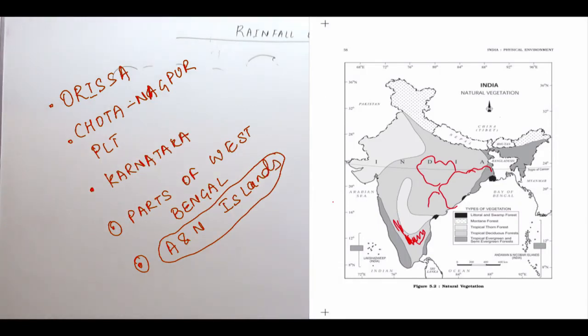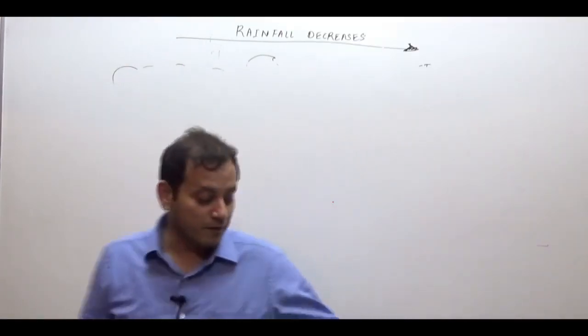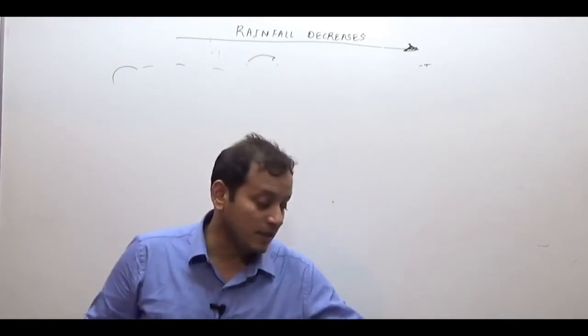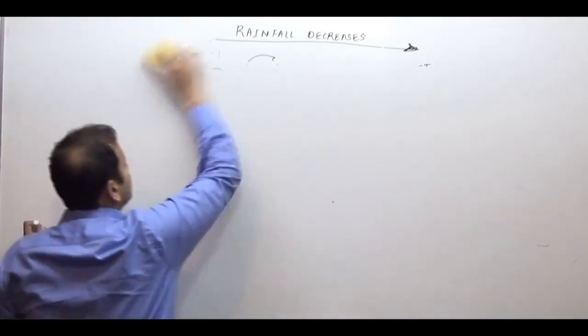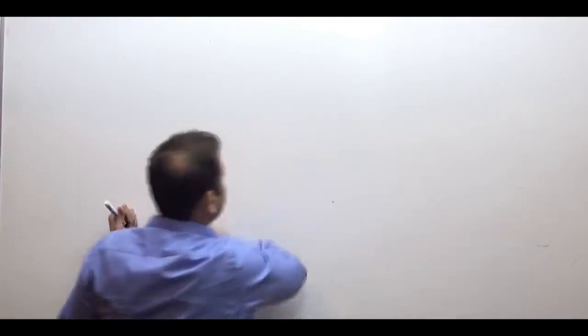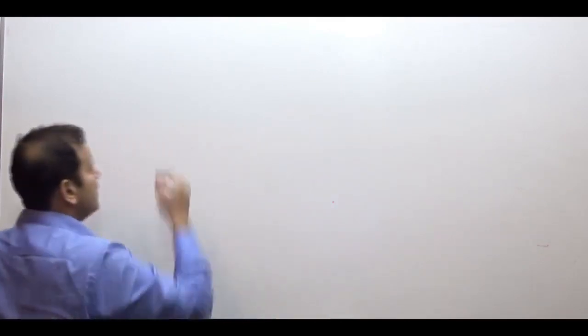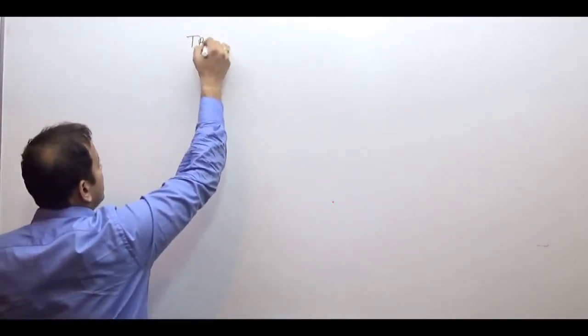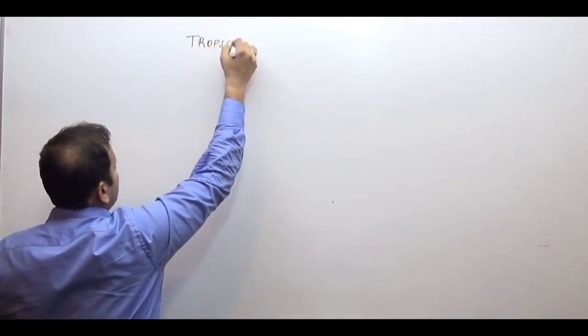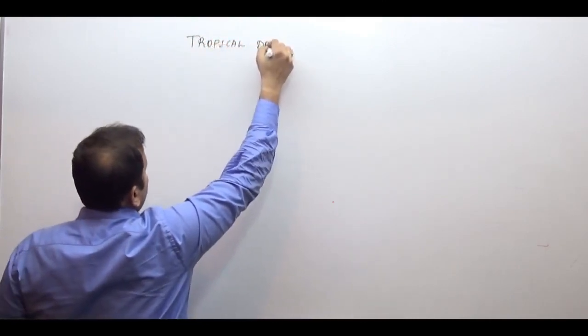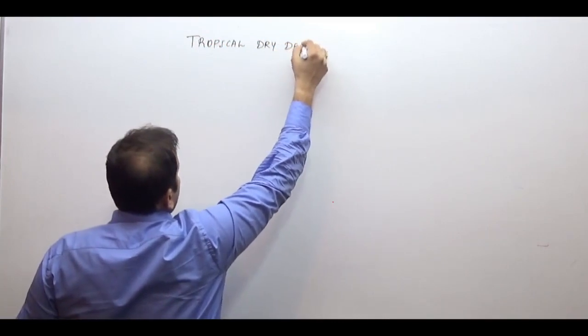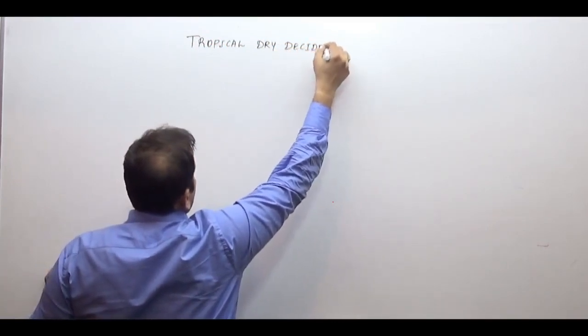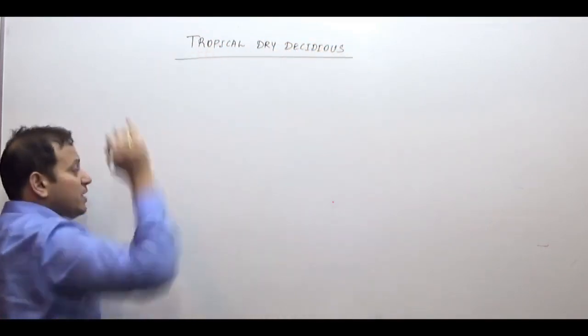So it is a biodiversity rich region. Now let us look at the third type of forest, that is the tropical dry deciduous forest.